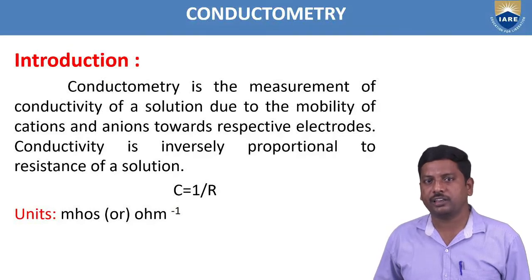But classical methods involve many errors, whereas those errors are overcome in instrumentation titrations. The best example for instrumentation titrations is conductometric titration.